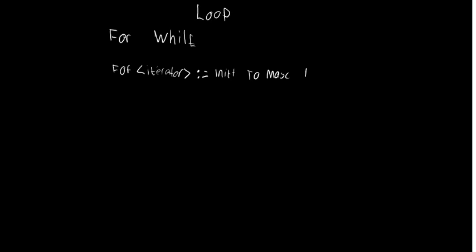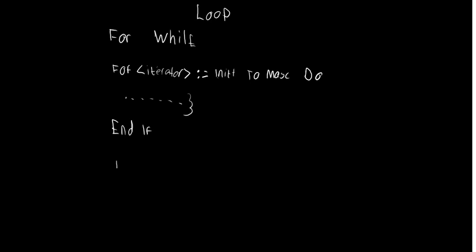Then we say do, and then we end our for. Then we have our body there. What this basically means is, when we go from our initial value to our max value, this code will run as many times as the difference between these.